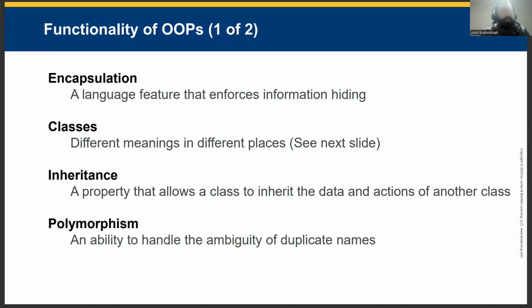Moving on, functionality of object-oriented programming. Here we see that core OOP features such as encapsulation for hiding information, inheritance for reusing class behavior, polymorphism for handling duplicate names, and the idea that classes may have different meanings depending on context.